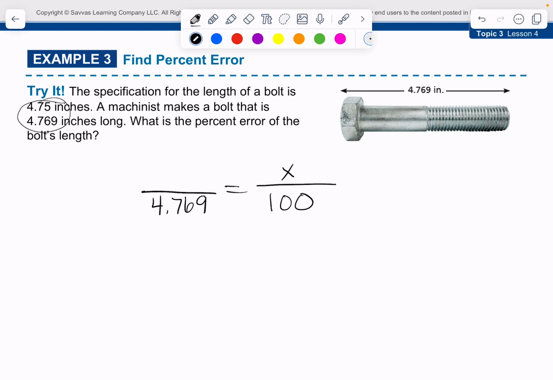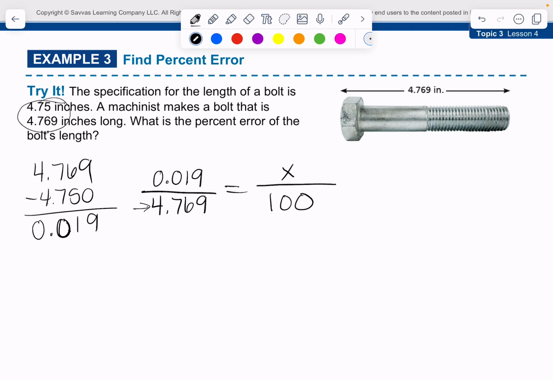Okay, and so if we subtract 4.769 minus 4.75, you can always use your calculators for this as well. You're going to end up with 0.019. So this is our part, that difference between those two numbers. And again, we have our actual number as the denominator.